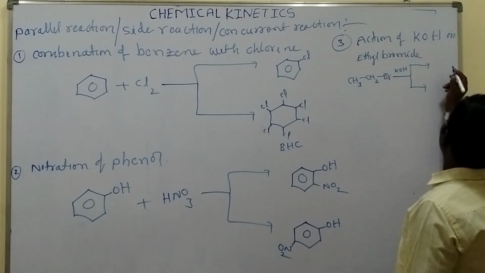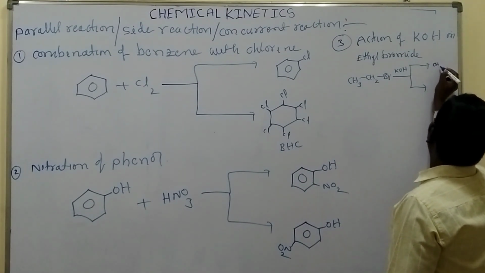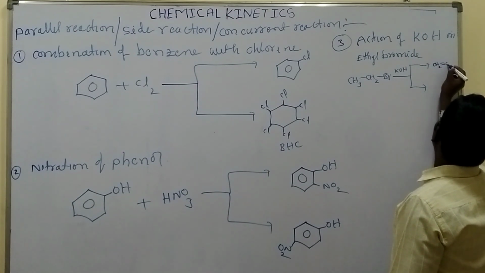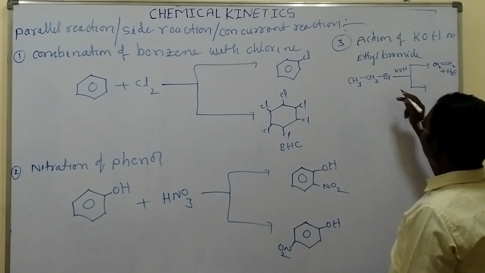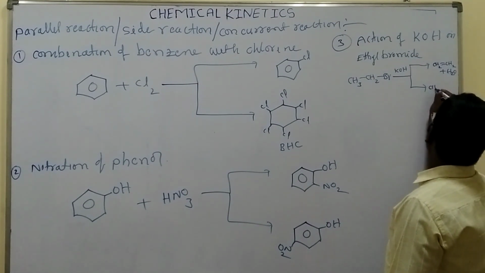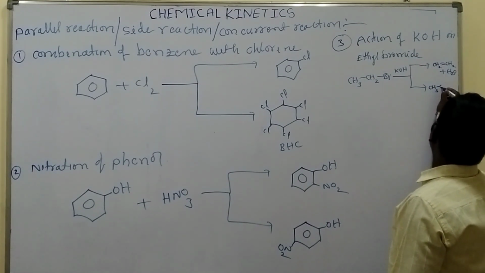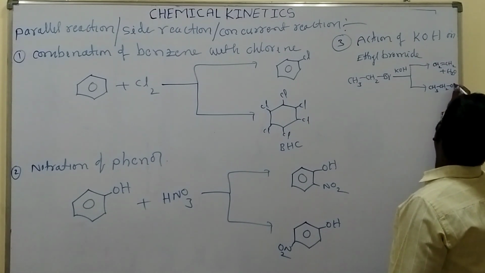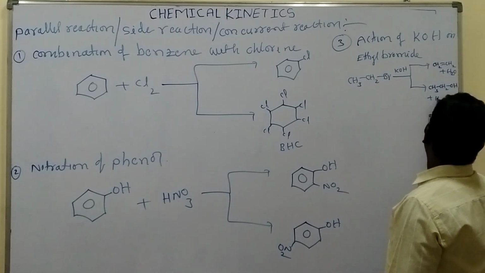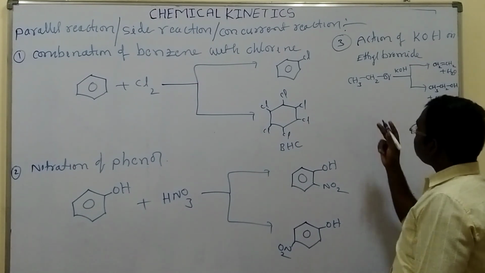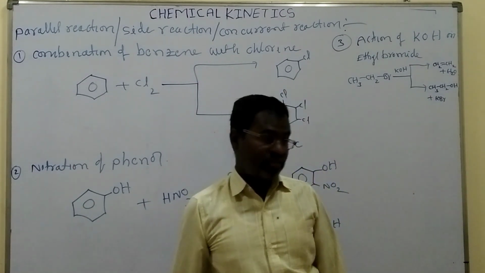In the first case, we get the alkene, CH2=CH2, plus water. In the second case, we get the alcohol, CH3CH2OH, plus KBr. So here also we get two products.